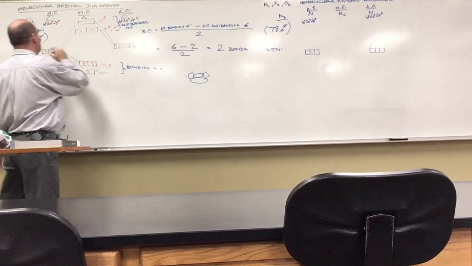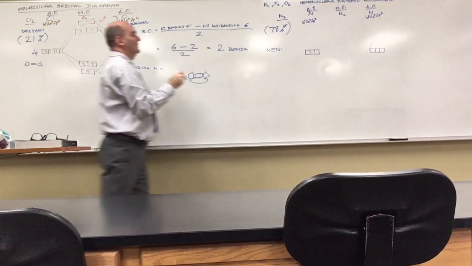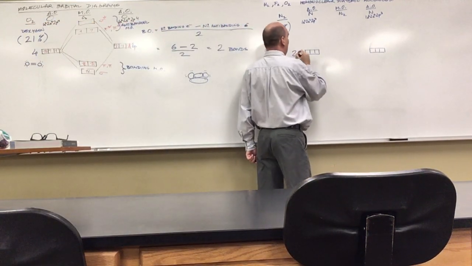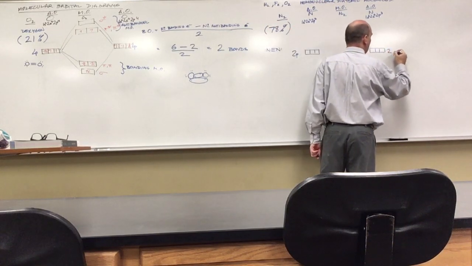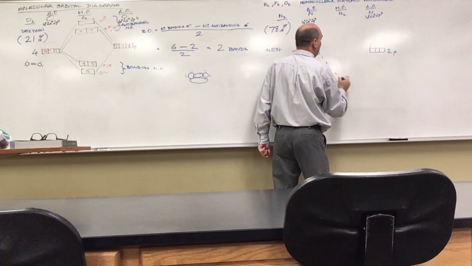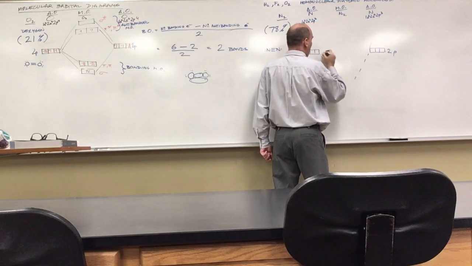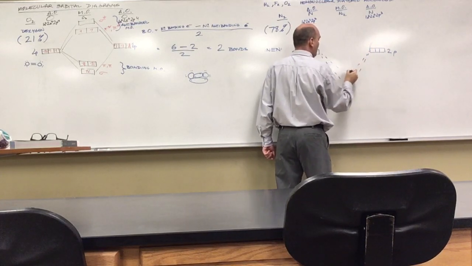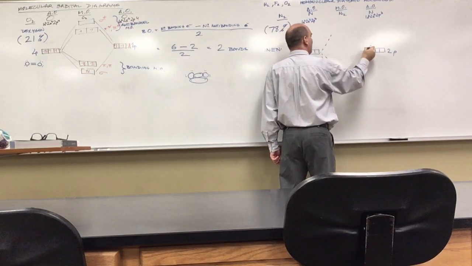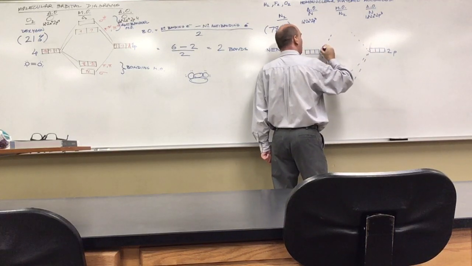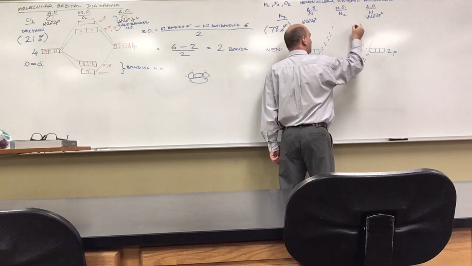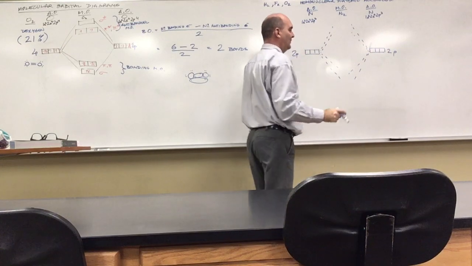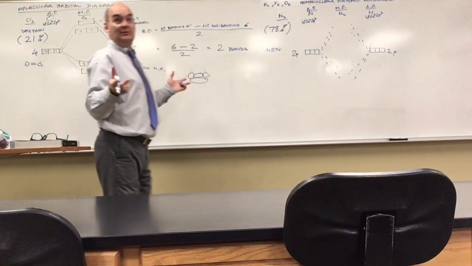That was our 2p. Let's look at the 2p. When you bring the electrons in the 2p together, you have 3 atomic orbitals on the left and 3 atomic orbitals on the right. That's 6 atomic orbitals.